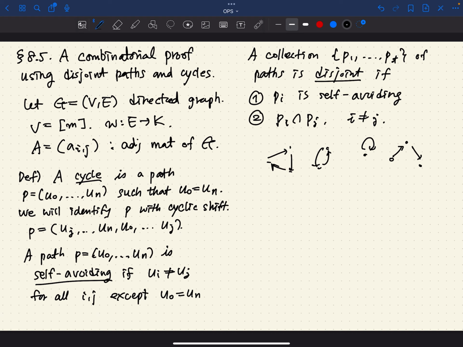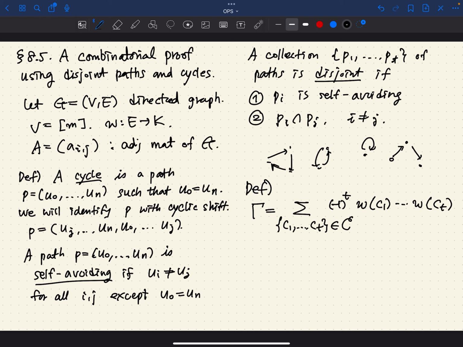All right. Now we're going to define two notations. Gamma is the generating function for all collections C, of weight (-1) to the power of the number of cycles in C times the weight of C. We know what the weight of a cycle means. It's the product of all the weights of the edges in that cycle.